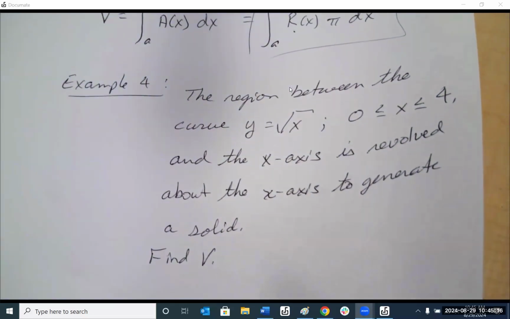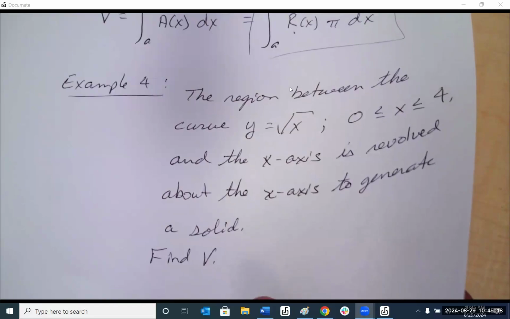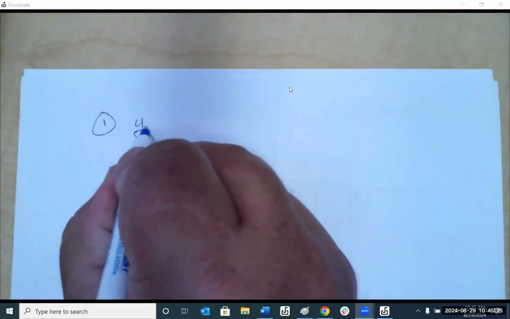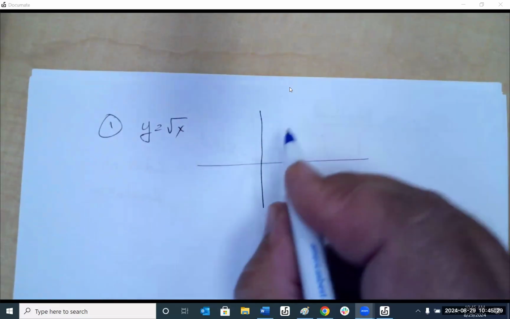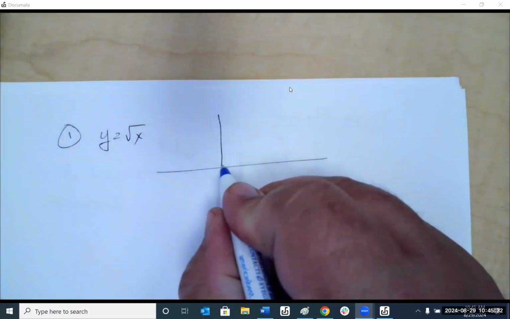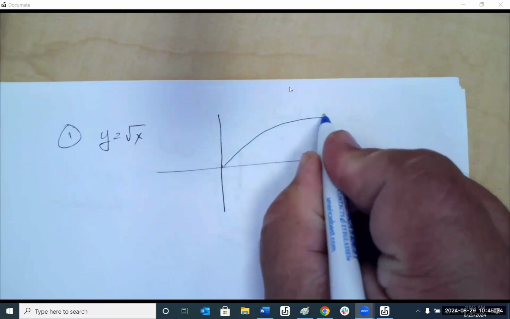First step is what? First step is let's draw a picture. The square root of x looks like this.